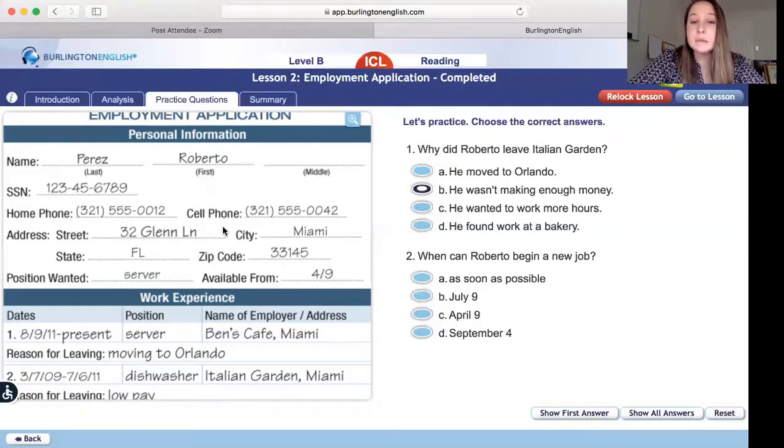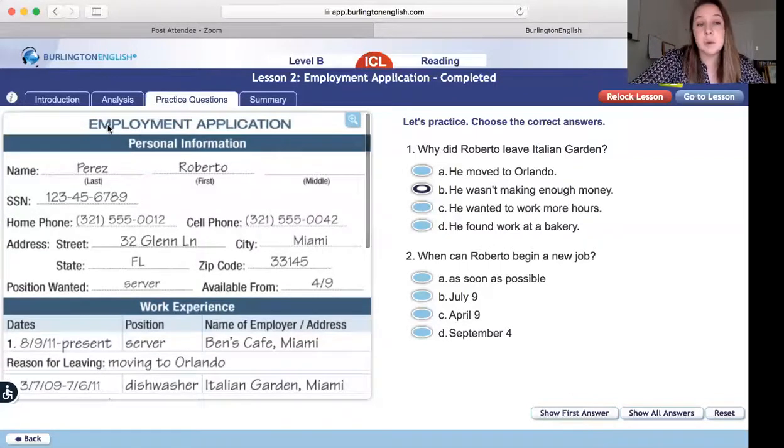But sometimes on an employment application, they will ask you, when can you begin, or when are you available? So that is usually going to be at the top. If you are hiring someone, that is information that you need to know first. So it will be generally at the top of the employment application.